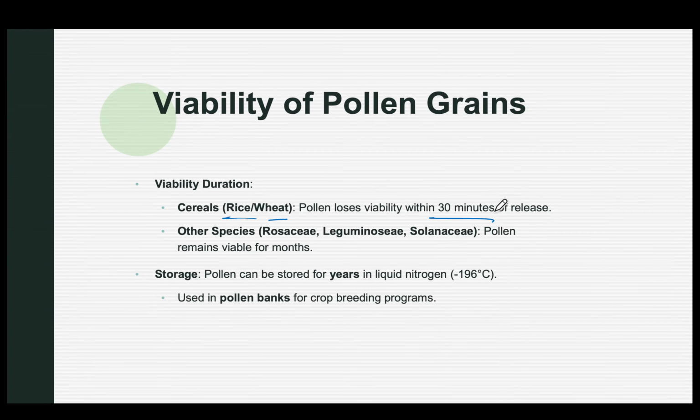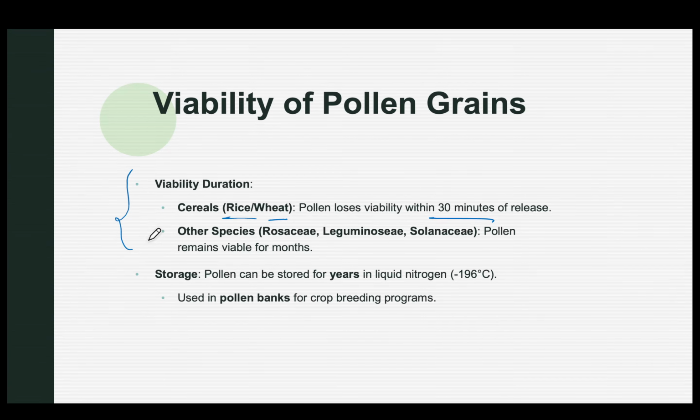But in other species like the Rosaceae family, pollen can remain viable for a month. So it completely depends on the particular species. If we talk about storage of pollen grains, we can store them for multiple purposes.